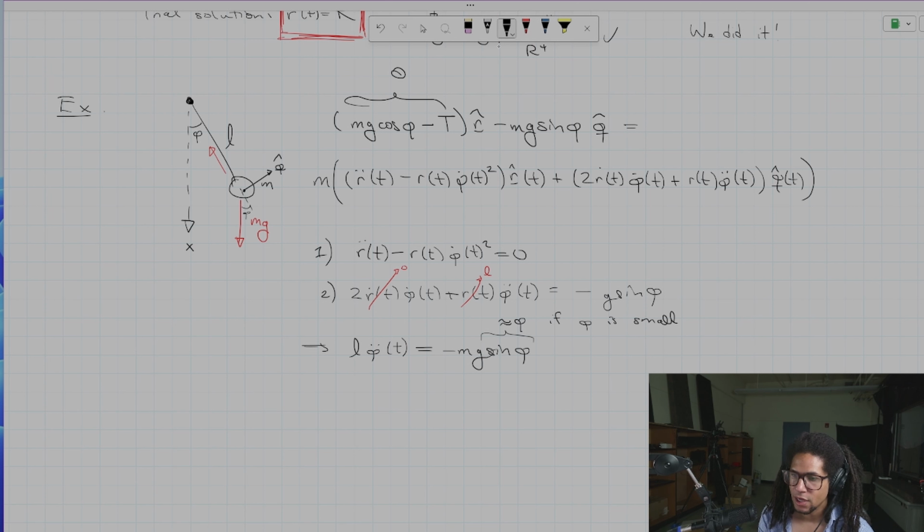In any case, so now if I get rid of that m, this gives me the exact form of the pendulum oscillation equation that people are familiar with. Phi double dot plus g over L times phi is approximately equal to 0 for small angles.